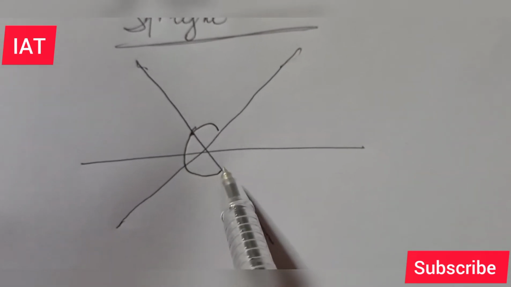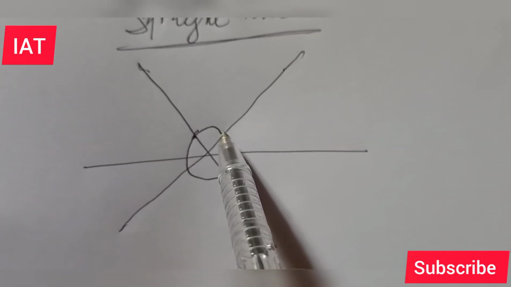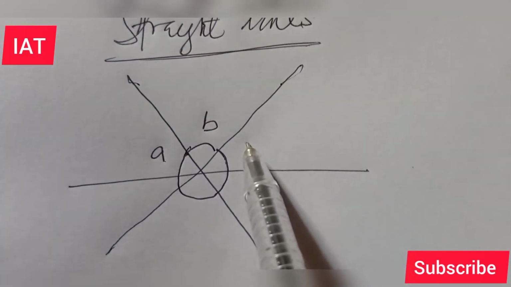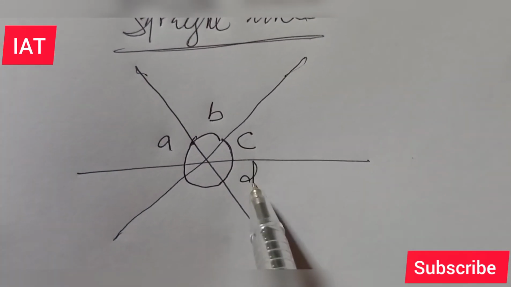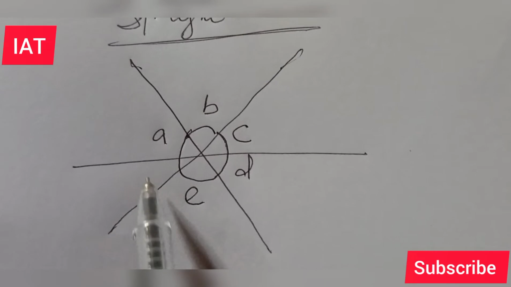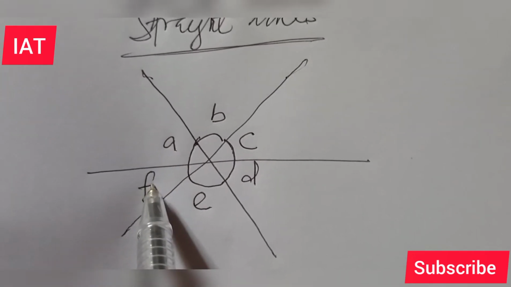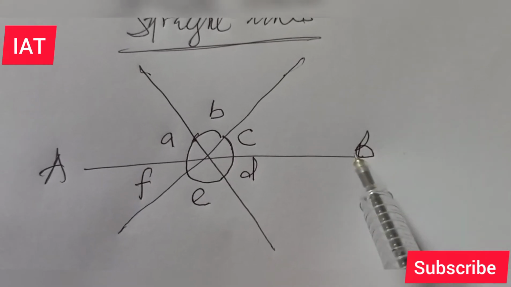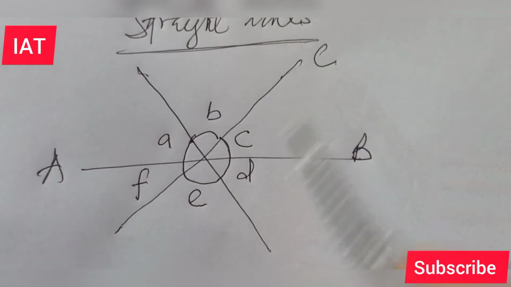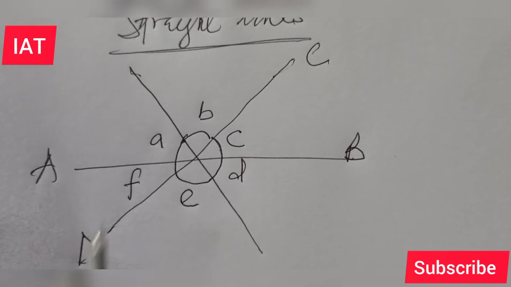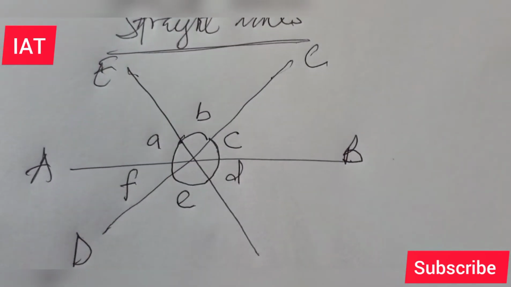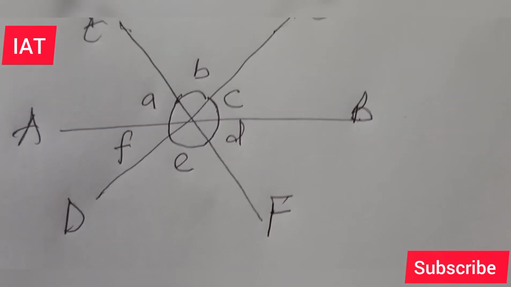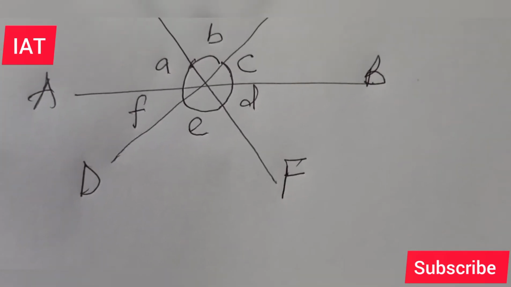So let me just draw a circle here, and I will indicate these angles with A, B, C, D, E, F. Okay, and I have this point to be point A, point B, point C, point D, point E, and point F. Right, in this figure the following can be established.